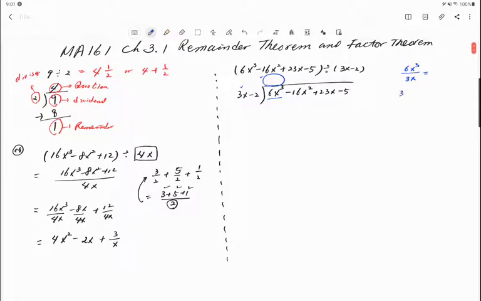Because 3x times something should be equal to 6x cubed, right? So what is this something? This something will be 6x cubed divided by 3x. All right. Then this will be 2x squared, right? So this quotient will be 2x squared. So 2x squared times 3x is 6x cubed. Can you see 3x times 2x squared is 6x cubed?